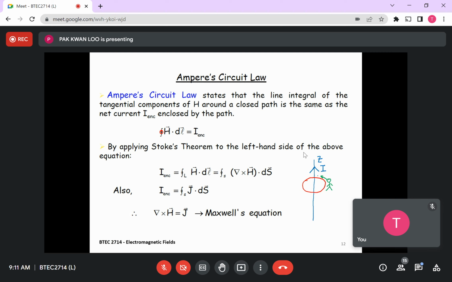You see that everywhere is the same, so it doesn't change the perception. The line direction doesn't change. That means the distribution of the current is the same everywhere along this circle, along this path.